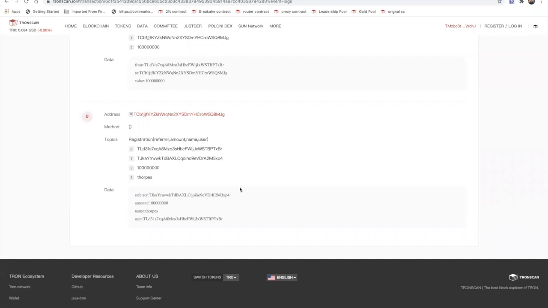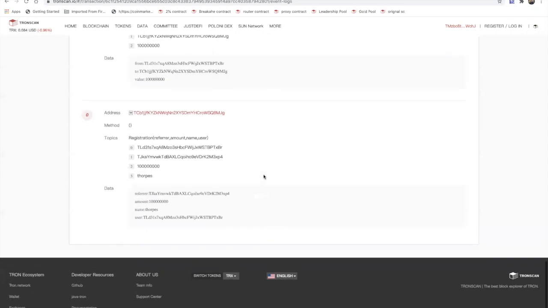So XP4, and look, I'm sorry, I'll use the first letters. If you use the first 3 of the address, it's TJK. So the refer was TJK. This member's username is Thorpe's, and this is the user wallet. So do you see that? So they did not enroll through the person who's claiming to be the sponsor.